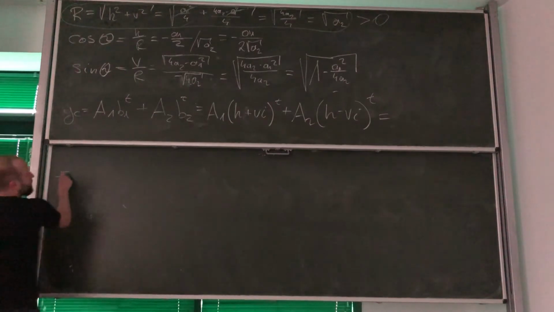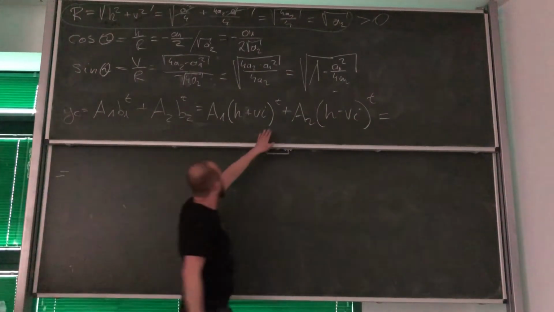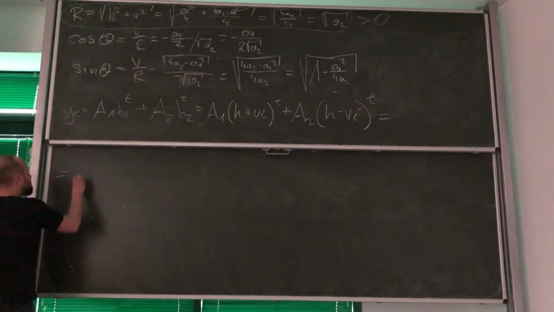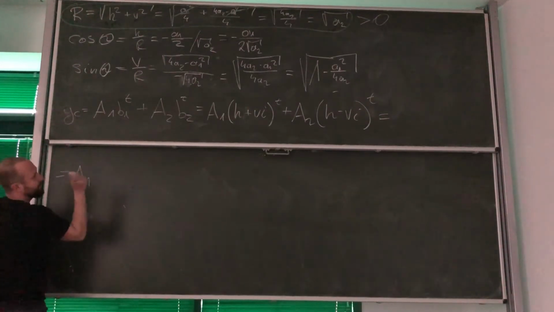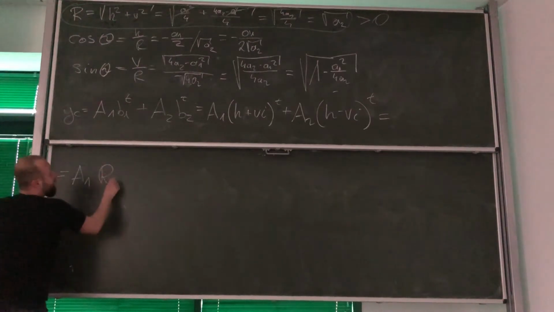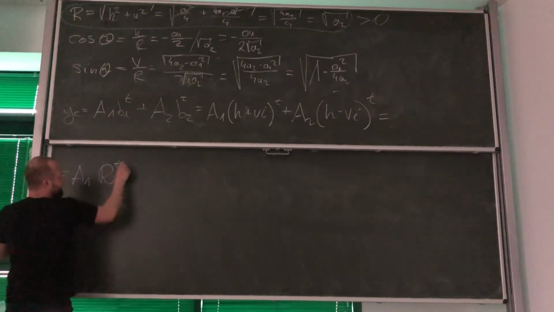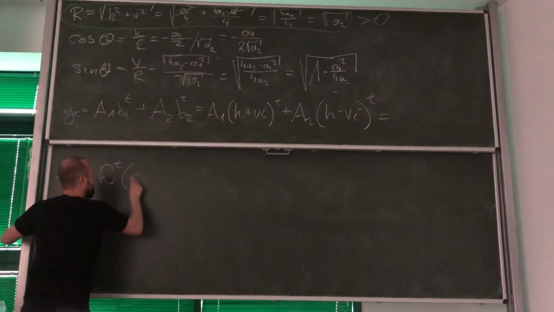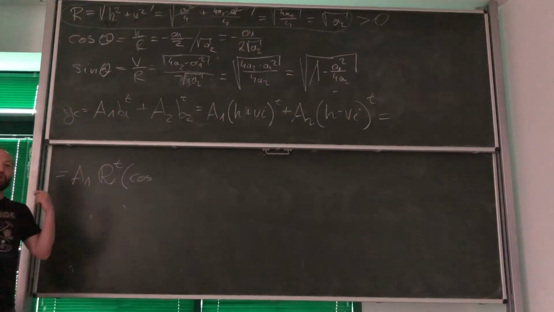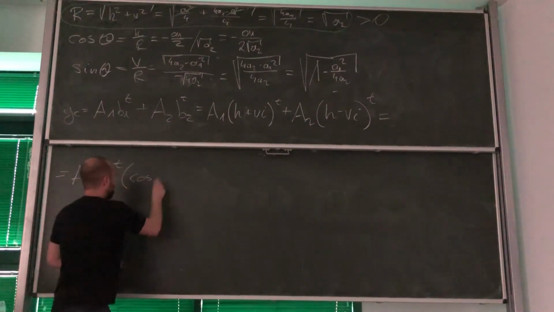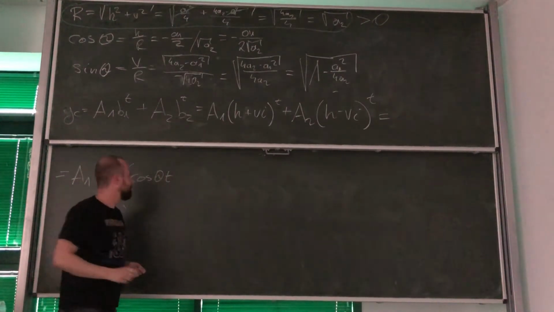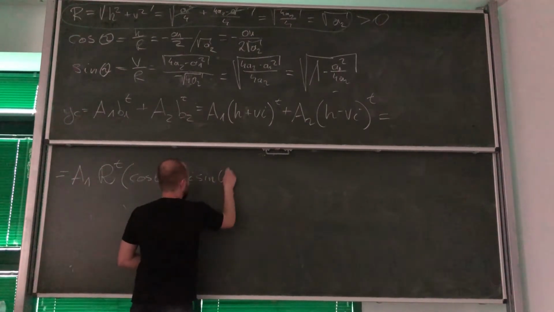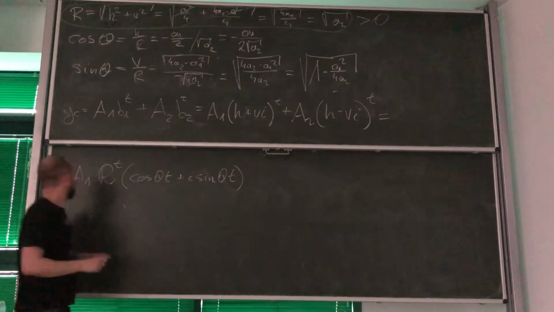What do I mean by that? Look, now we know what will happen with this t, right? Now, we will have here A1 times r to the power of t, right? Times cosine theta t plus, of course, i sine theta t.